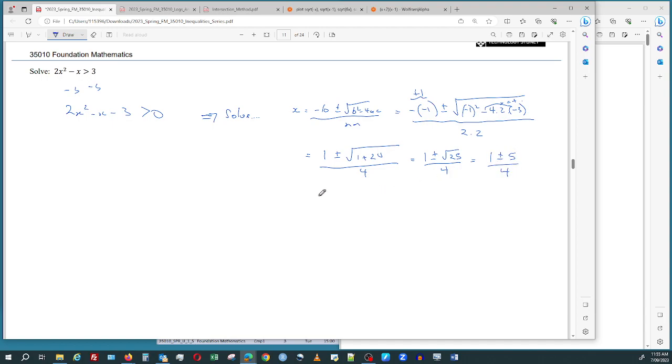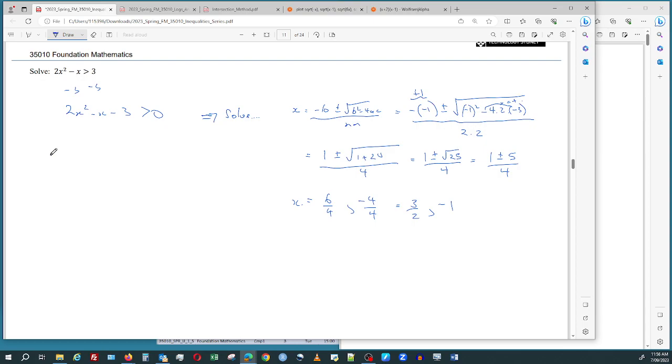Now split your fraction, you can do that here, or you can just do 1 plus 5 is 6 over 4, and 1 minus 5 is minus 4 over 4. And so the 6 over 4 is what? 3 over 2, 1.5. And 4 over 4, negative 1. So there are our x values. Okay, so our x values are 3 on 2 and negative 1.